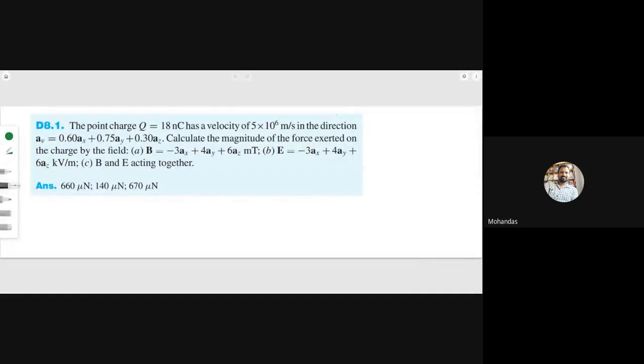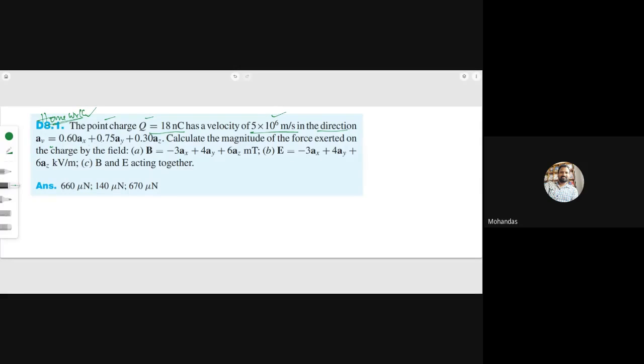Now take this homework problem. The procedure is the same as this. The point charge Q, 18 nanocoulomb, has a velocity of 5 into 10 to the power of 6 meters per second in the direction of AV, the unit vector he has given, which shows the direction.